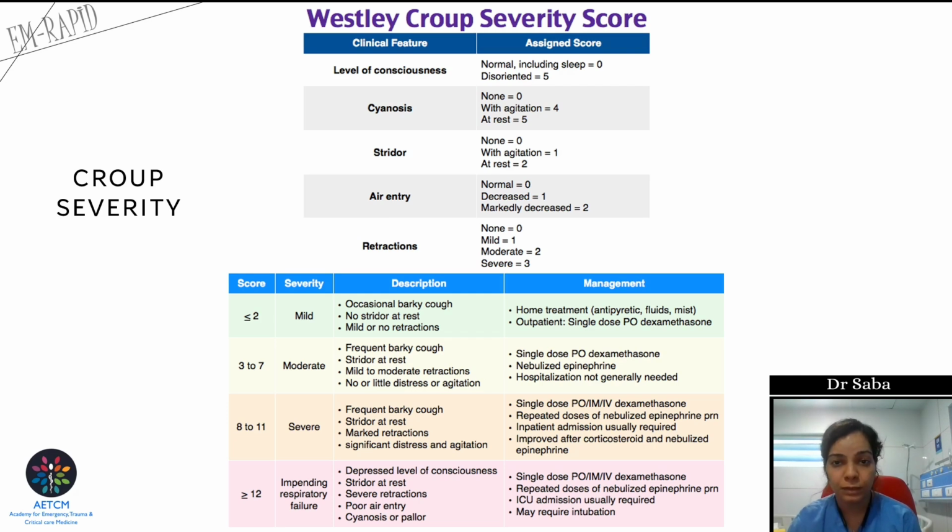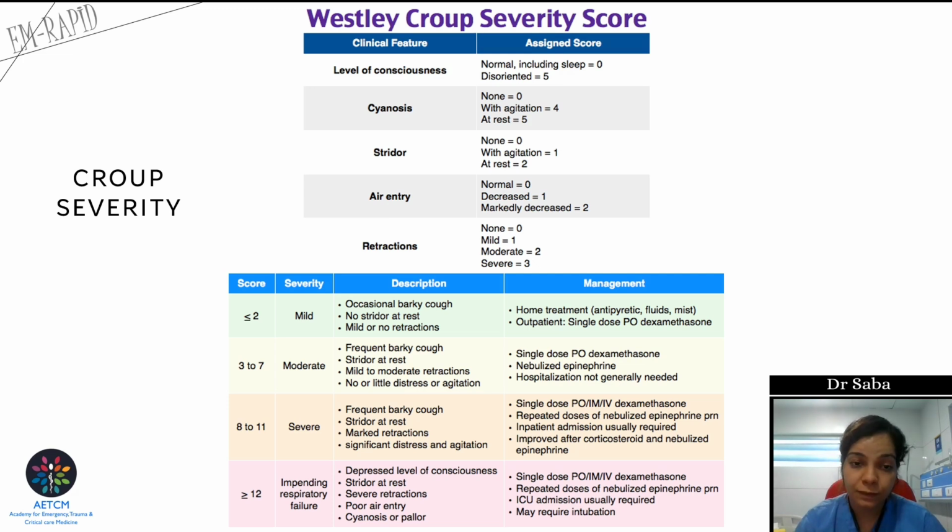Home treatment will be supportive, using antipyretics if the child is running a fever, and fluids if the child is not having enough feed. This is how we treat the child on an outpatient basis, and the child will just present with occasional barking cough, no stridor at rest, and no or minimal retractions.